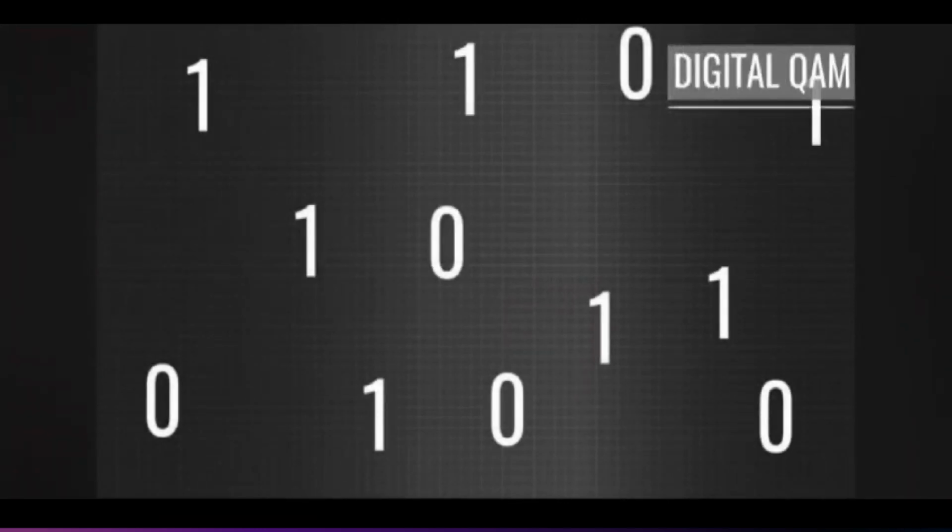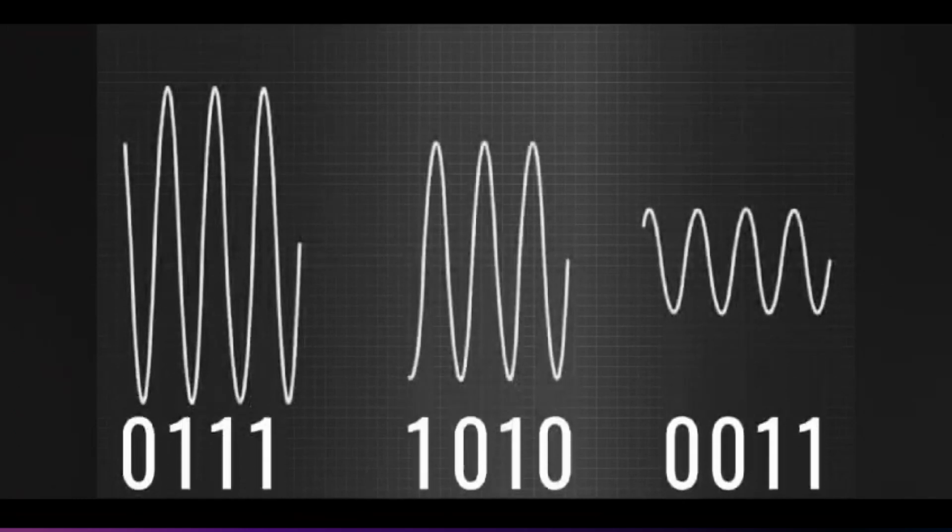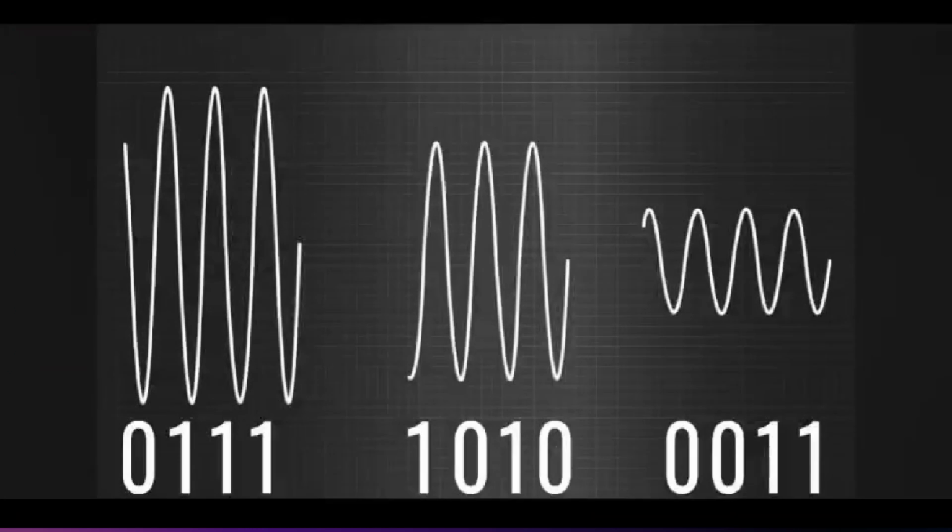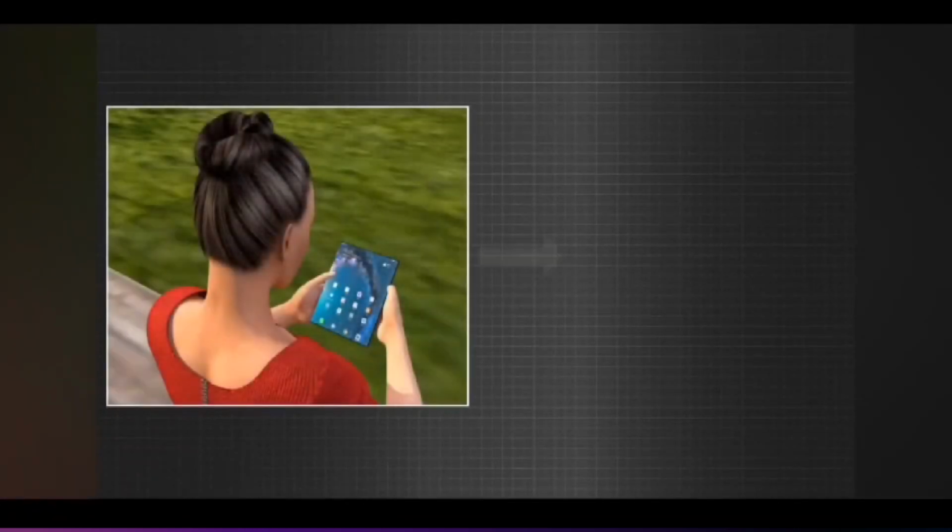In the case of digital QAM, a similar approach is used. Here, instead of analog signals, different combinations of bits are added together to produce a multiplex signal. Let's see how 16 QAM works. We know that any form of data is just a collection of ones and zeros.